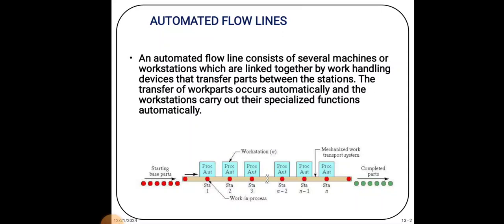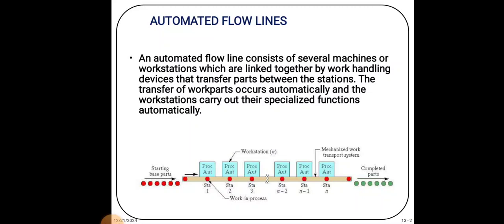At each and every workstation the product is partially completed, then moves to the next workstation. Finally, the green color indicates the part is fully completed, that is, a finished product. We get the finished product. That is the meaning of an automatic flow line.